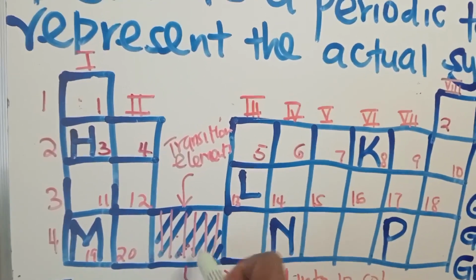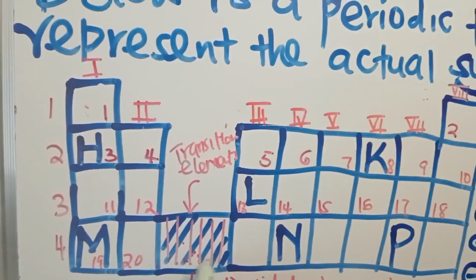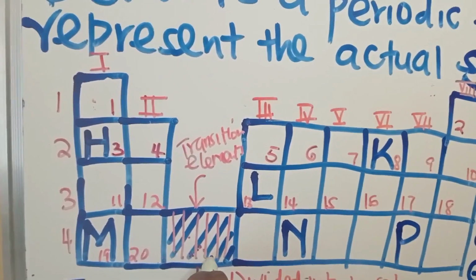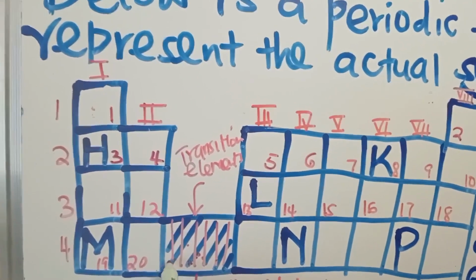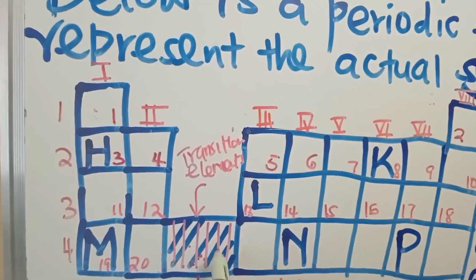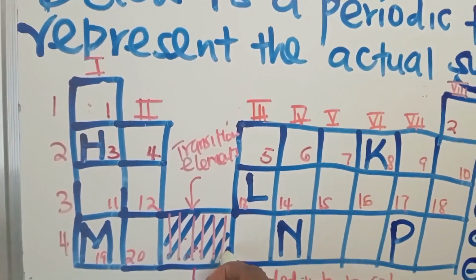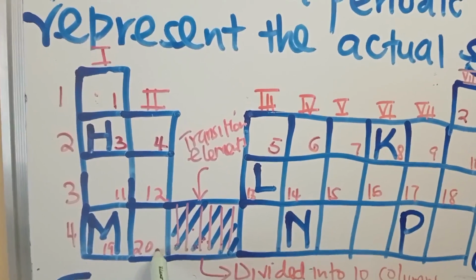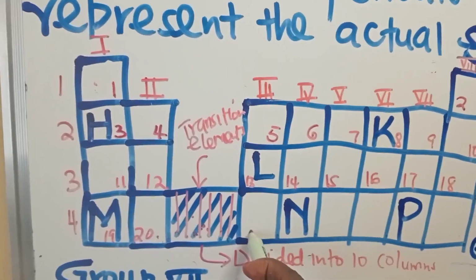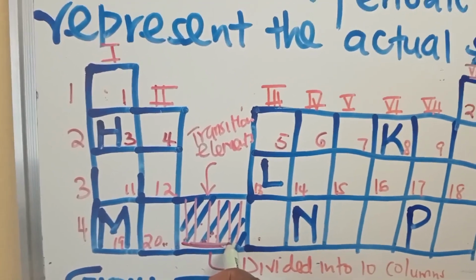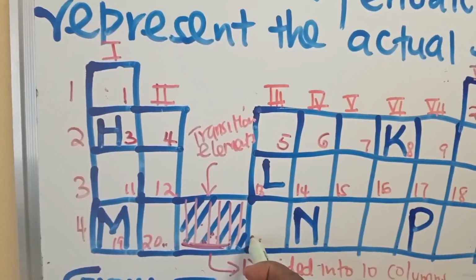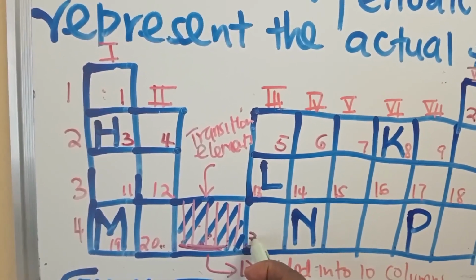They are usually 10. It's only that ours is too small to divide it into 10, but it is usually divided into 10. So now that it is divided into 10 sections, from number 20, by the time we are going to this space, it will be 20 plus this 10, so that is 30. So by the time we are reaching here, we are number 31.